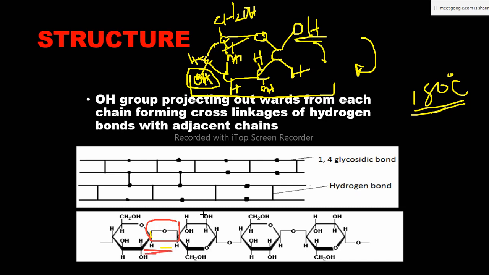Otherwise, if it wasn't the case, then it wouldn't. You can see the group that was up, it is now down. You can see the OH that was down, it's now up. Okay, so that they are able to condense. Then after you've condensed, you've formed two.